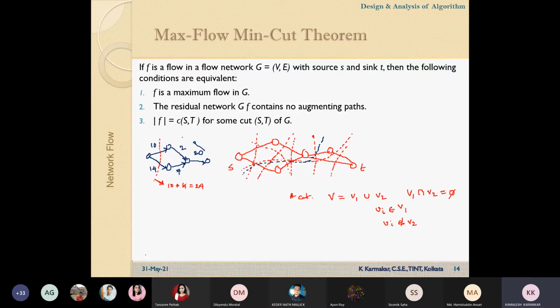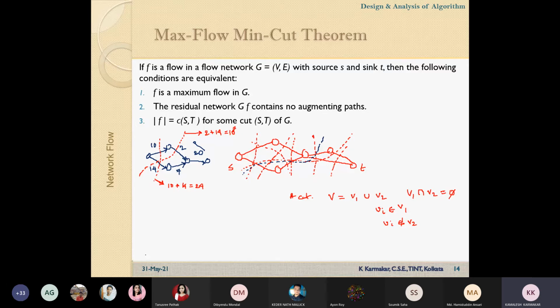Okay, if we consider another cut like this, what will be the maximum flow through this cut? 2 units plus 14 units. So 2 plus 14 is 16 units.